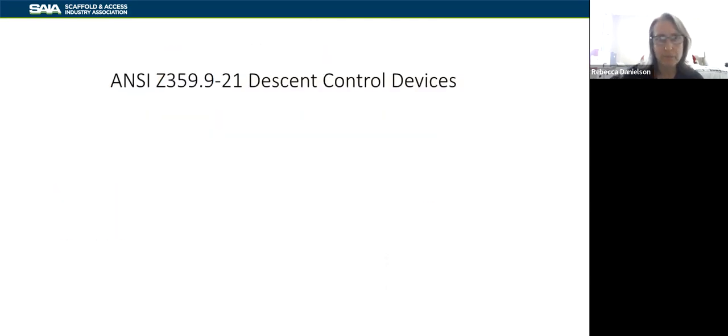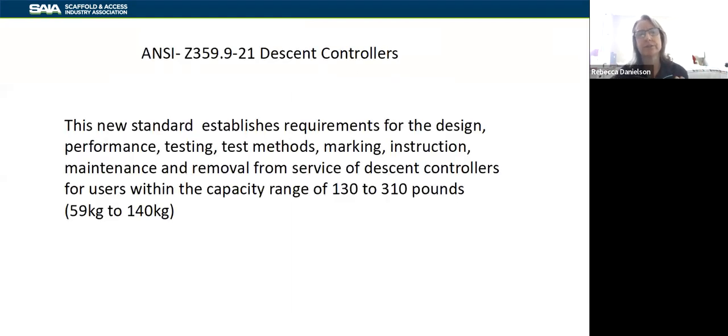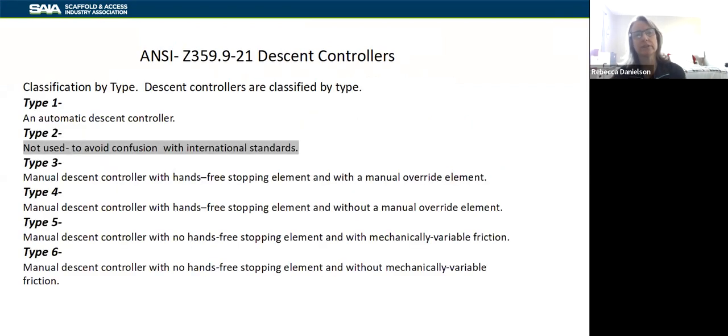And then one of the standards that came out in 2021 is a brand new standard, and it doesn't really apply to too many people, but it does apply to some people within SAIA, and that is controlled descent devices. All they really did was separate it from rescue and lay out the definition of descent control devices, basically being automatic versus manual.